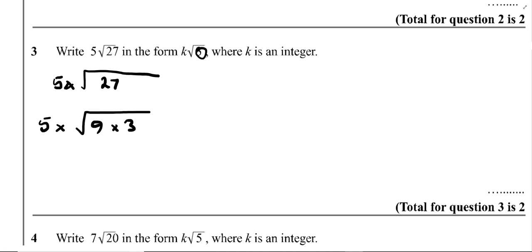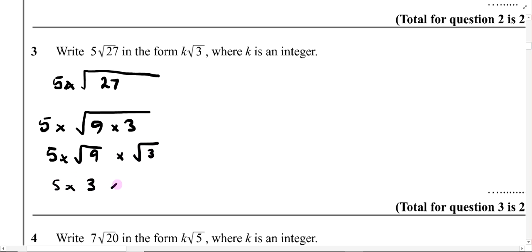Divide it by the 3, that's the clue, to find the square number. Not always true when they get harder. So that becomes 5 times root 9 times root 3, which is 5 times root 3 times root 3, which becomes 3. So k is 15. Okay, I get it.